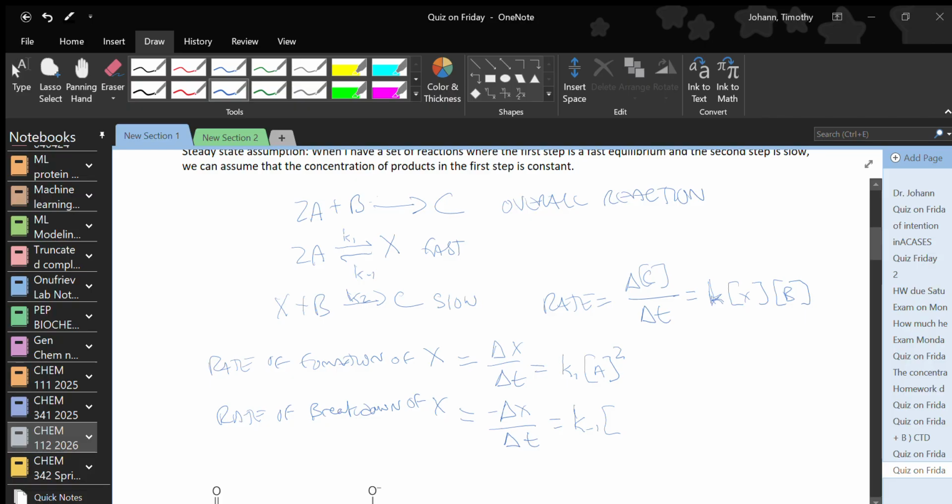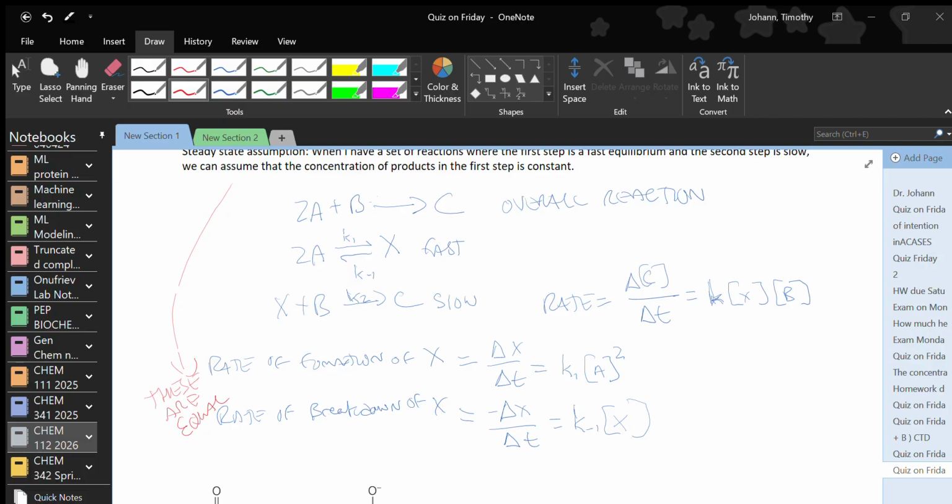For this reaction right here. X. All right. Our steady state approximation says that these are equal. That the rate of formation is equal to the rate of breakdown. So I can set this and this equal to each other.